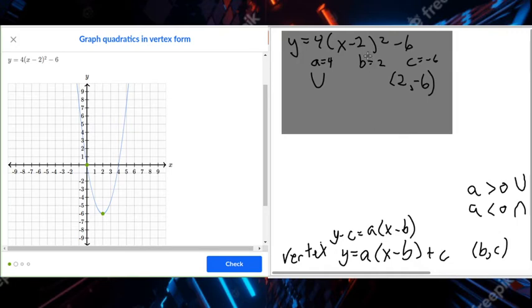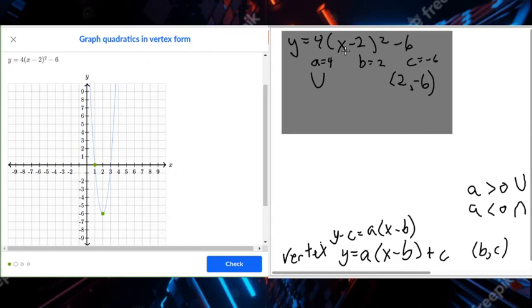Let's do x equals 0 here. 0 minus 2 is negative 2. Negative 2 squared is 4 times 4 is 16. Minus 6 is 10. So that's going to be up off here at 10. I can't do that.